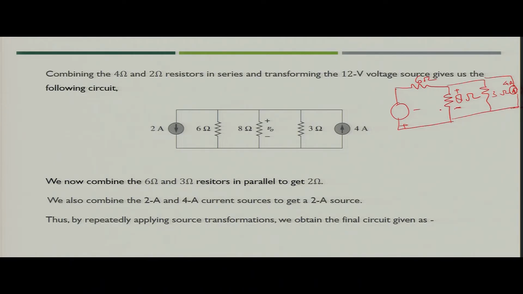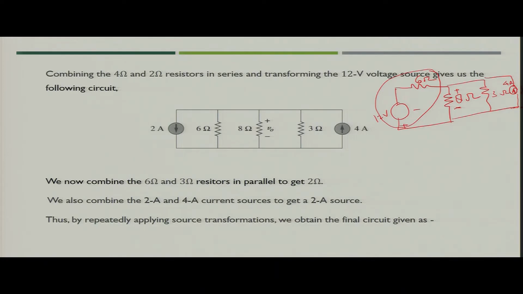Now, this is again a candidate to be transformed into a current source, because we are seeing that there is one voltage source of 12 volt in series with 6 ohm resistance. So, what will we do? We will simply transform the voltage into current.